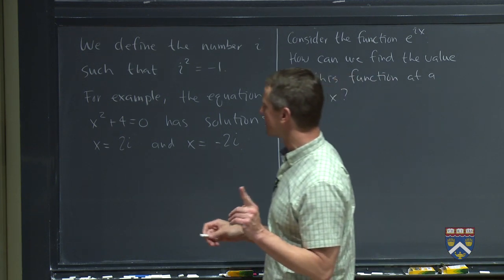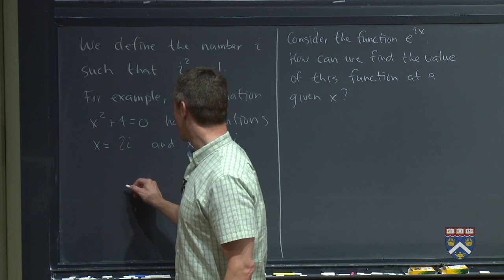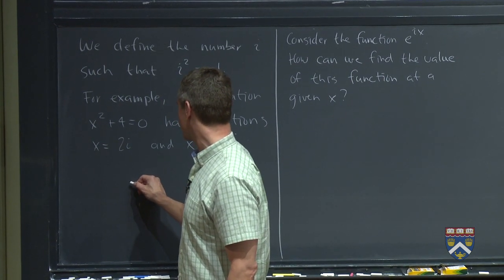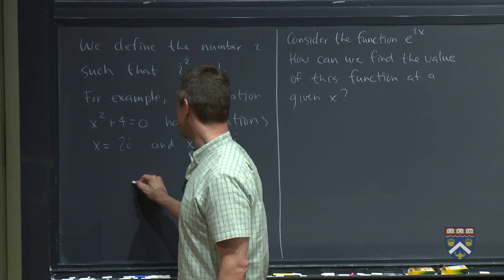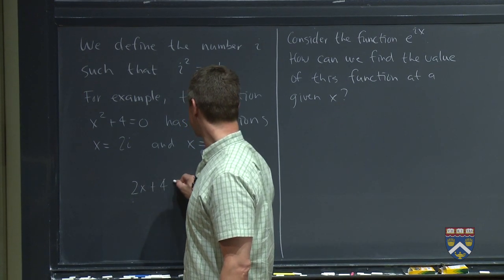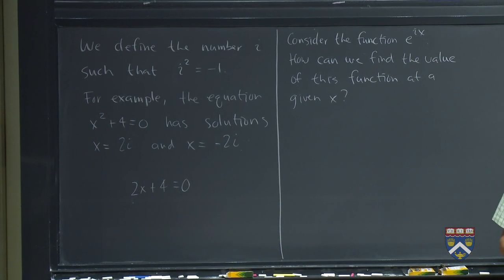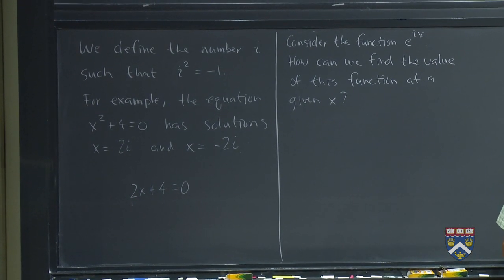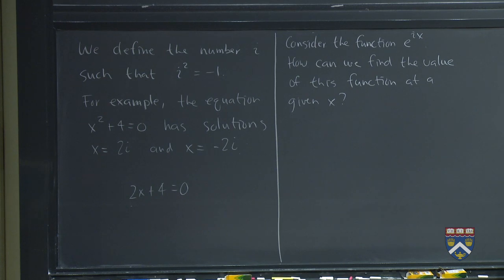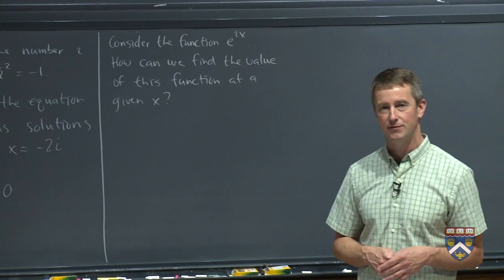Now I know many of you don't believe that these are solutions, and that's fine. But what I will point out is that some of your relatives, not that long ago, had they seen the equation 2x plus 4 equals 0, would have said that equation has no solution, even though you instantly say, oh, that's x equals negative 2.